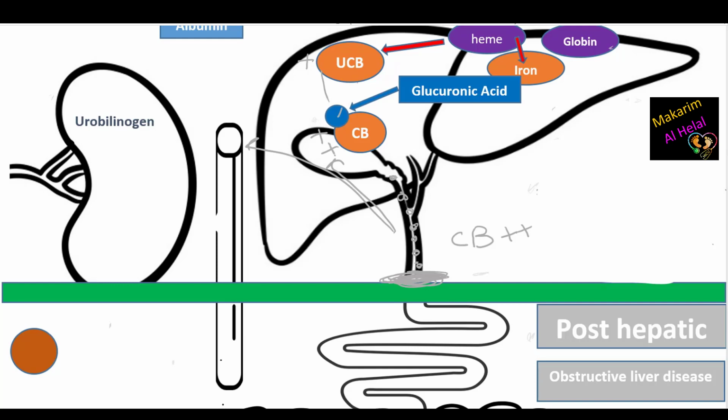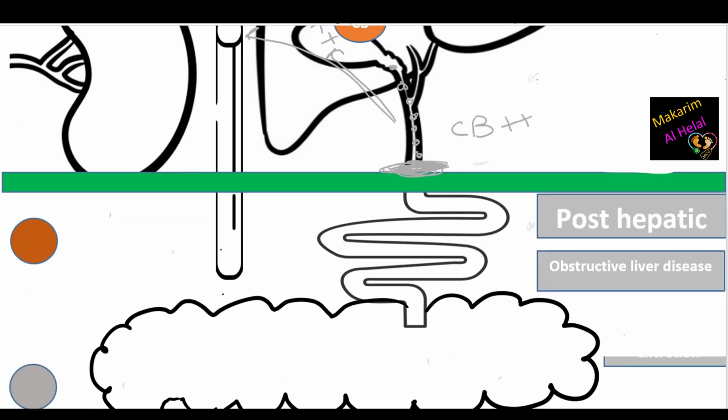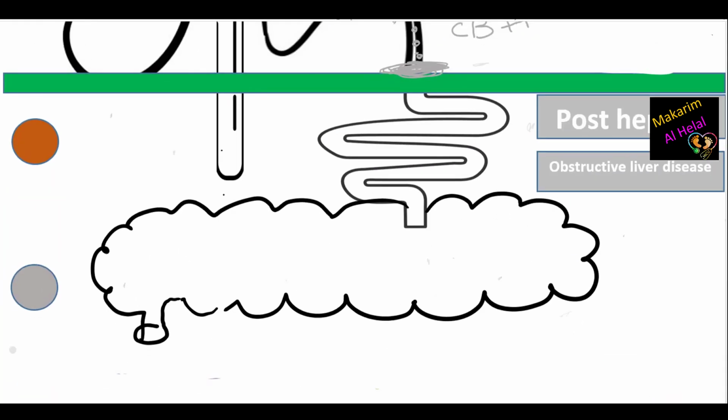If we look at the small intestine, there is no conjugated bilirubin because there is decreased excretion of conjugated bilirubin. So there is no conjugated bilirubin in the intestine, no urobilinogen, and no stercobilin.